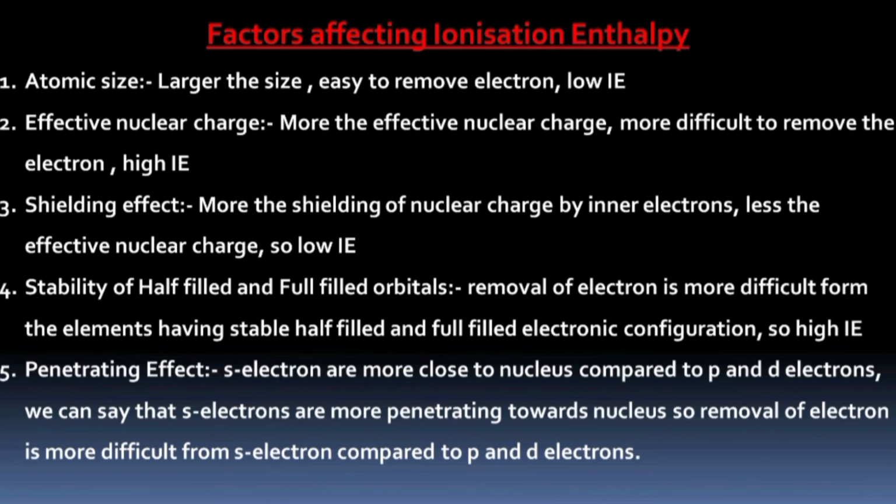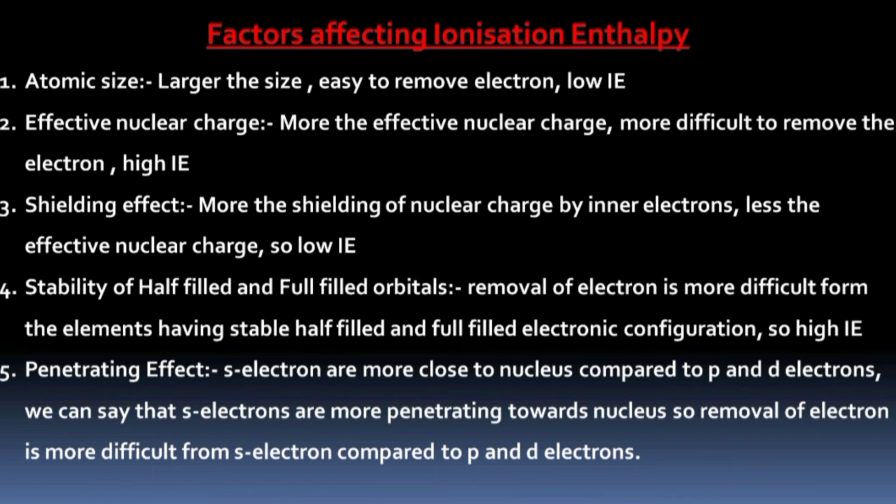Then is the stability of half-filled and fully filled orbitals. Removal of an electron is more difficult from elements having stable half-filled and fully filled electronic configuration. So the ionization energy is high because it is difficult to eject the electron from a half-filled or fully filled stable configuration. And the fifth one is the penetrating effect.